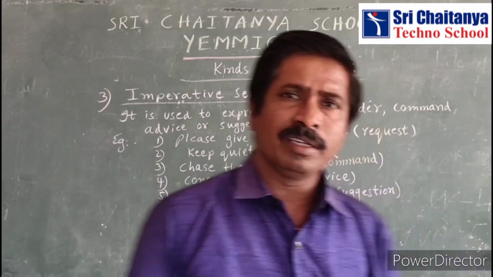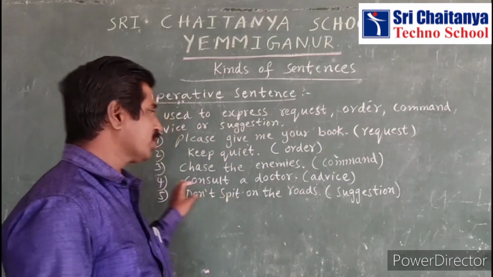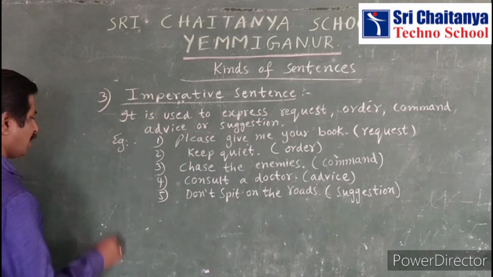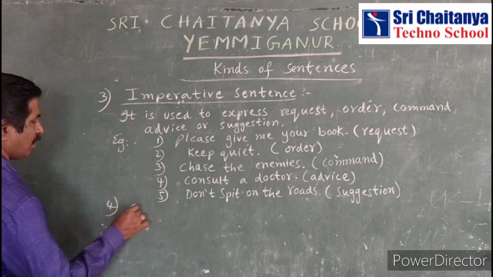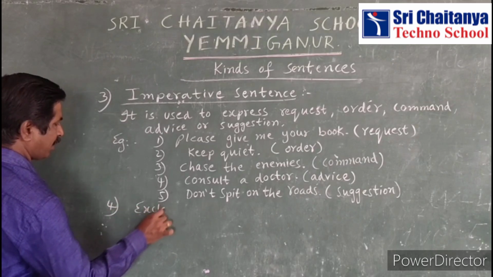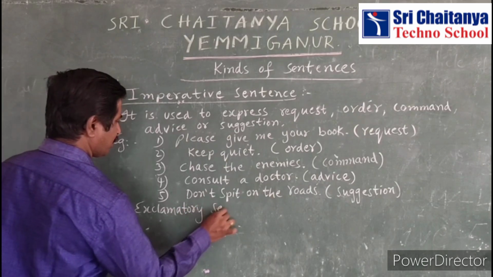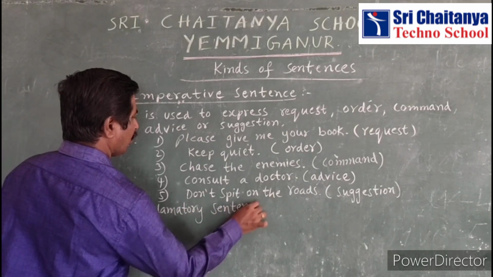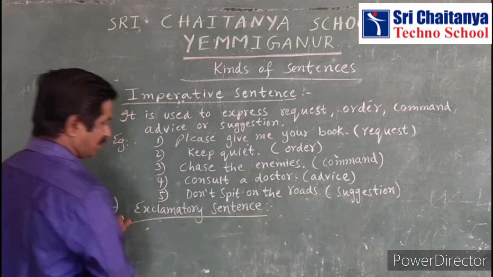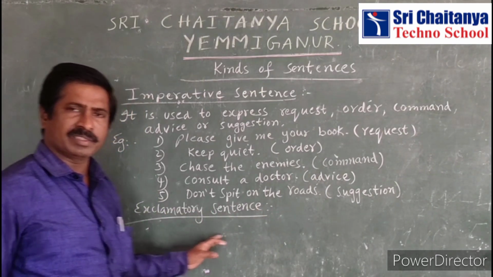Next, come to the point. The fourth kind of sentence is the exclamatory sentence. What do you mean by an exclamatory sentence? Or what is called an exclamatory sentence?